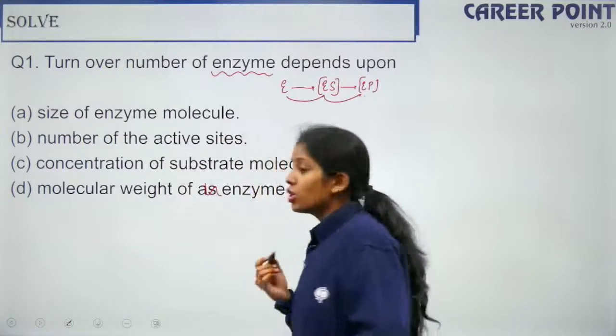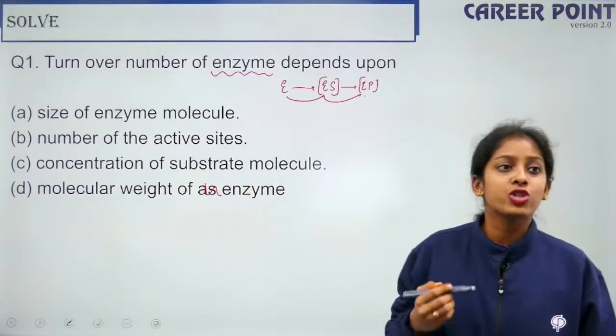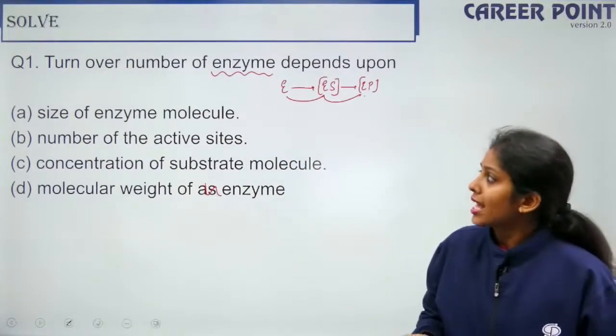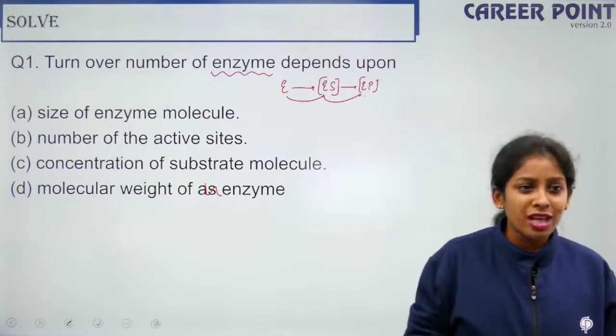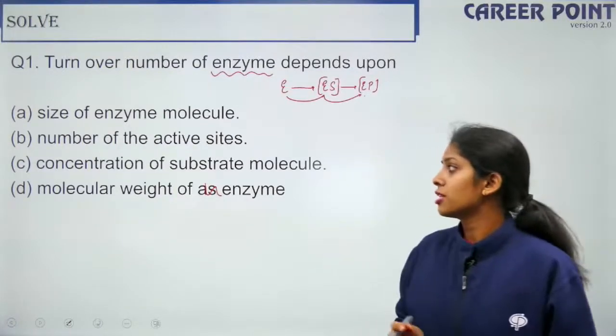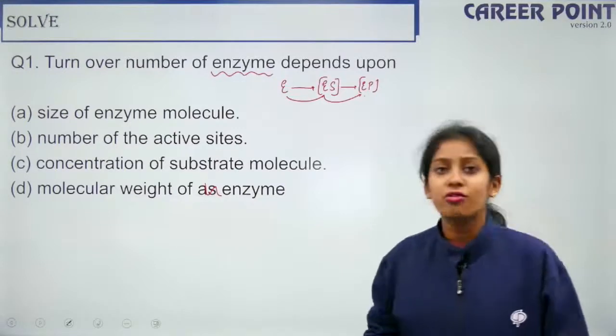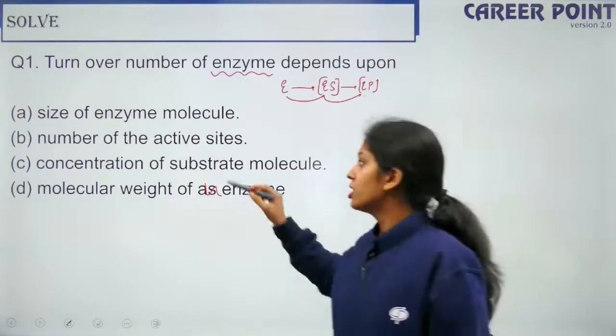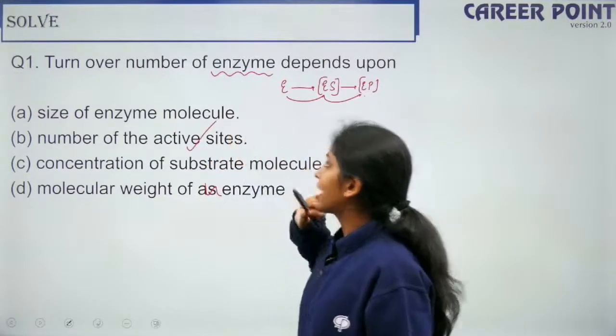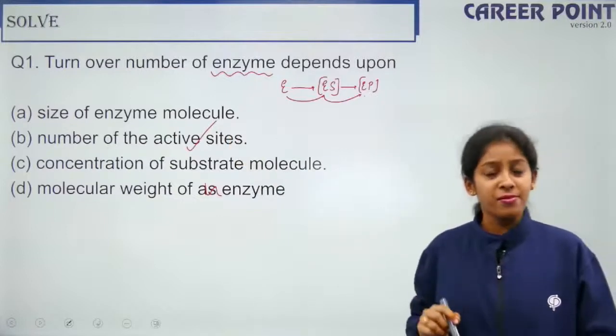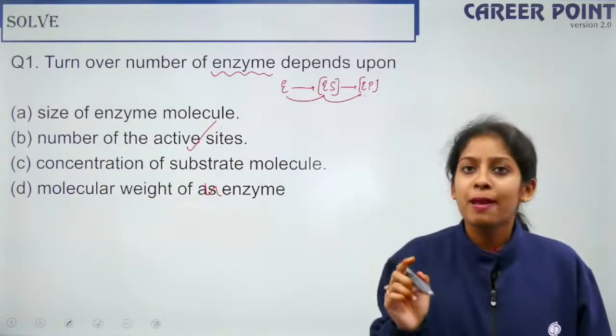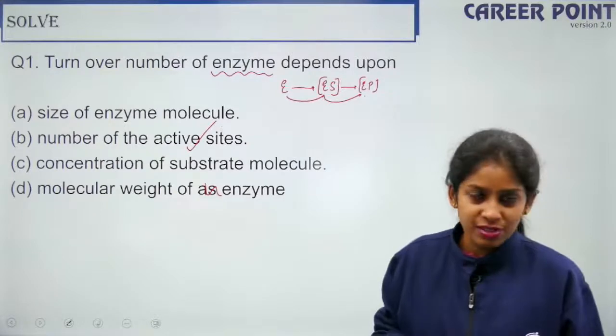So the turnover number of the enzyme is based on the number of active sites that is present in an enzyme. Again I am repeating, an enzyme can have more than one active site.